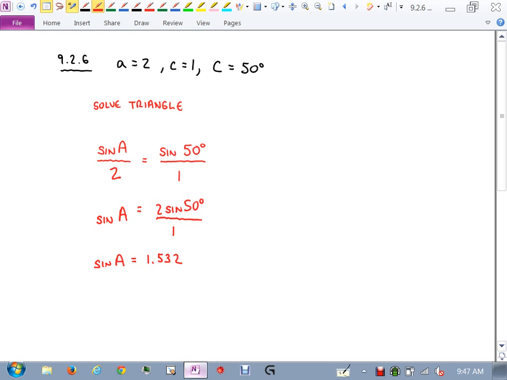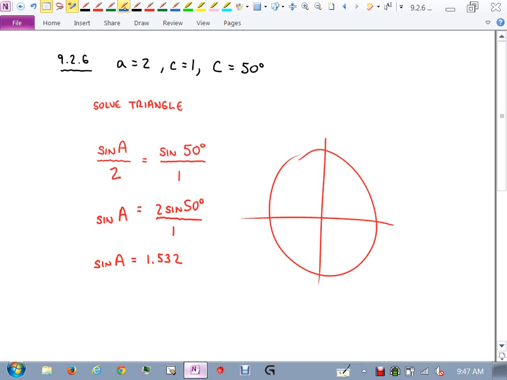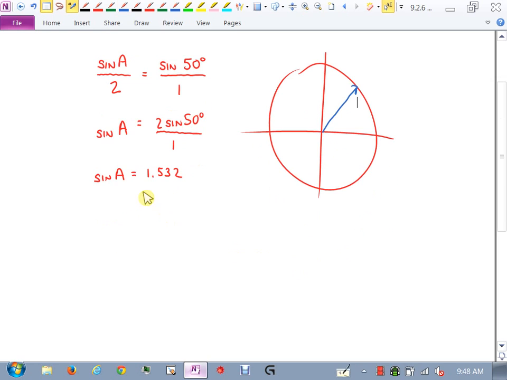But remember, the unit circle, when I say unit circle, what's the maximum distance I can have out from the origin to the edge is maximum of 1, right? Unit means 1. So it's saying, when is your y-coordinate 1.53? You cannot be on this unit circle with a 1.53. Does that make sense? The other way to look at it is just to look at the sine A as being a sine function, the graph of sine.